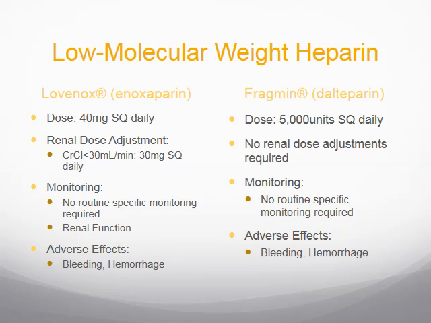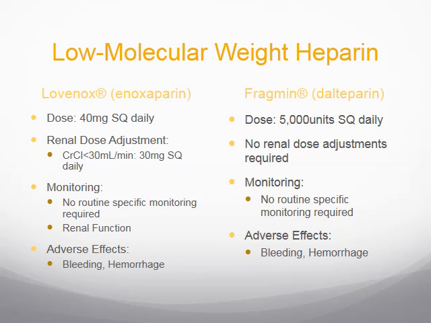I looked for trials comparing which one of these is more effective, and they're about the same. No trial really could say one was superior to the other or one was more effective than the other. So really, the difference between these two comes down to hospital protocol and whichever one's cheaper.